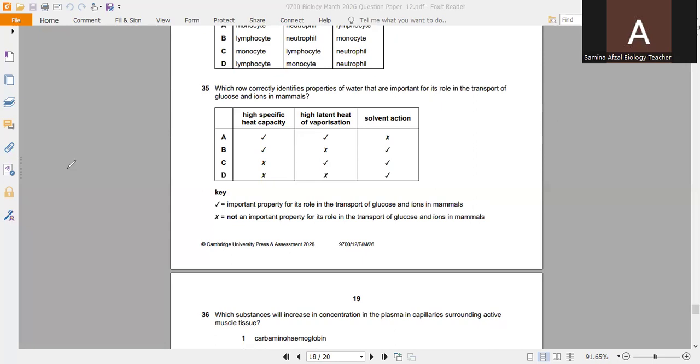First of all, I would explain high specific heat capacity. While this property is vital for maintaining a stable internal body temperature, it is not directly responsible for the mechanical or chemical transport of dissolved glucose and ions.